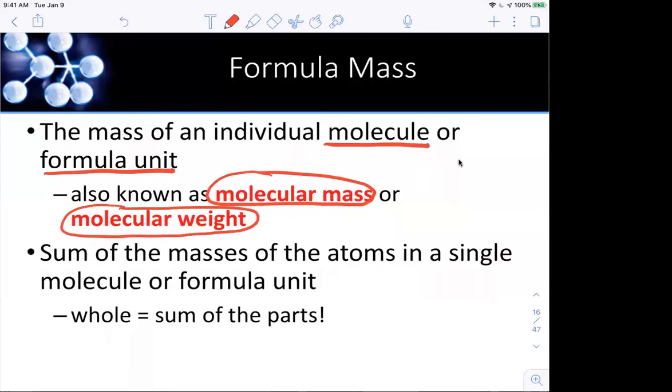There are very subtle differences between the terms molecular mass, molecular weight, and formula mass, but basically I get to these different terms differently, and they mean the same thing. I take the sum of the masses of the atoms in a single molecule or formula unit based on the chemical formula.